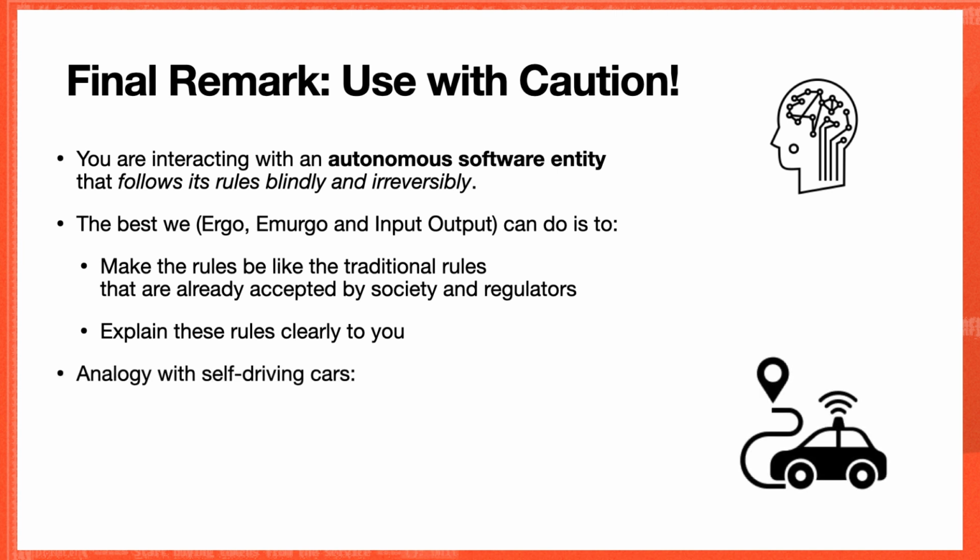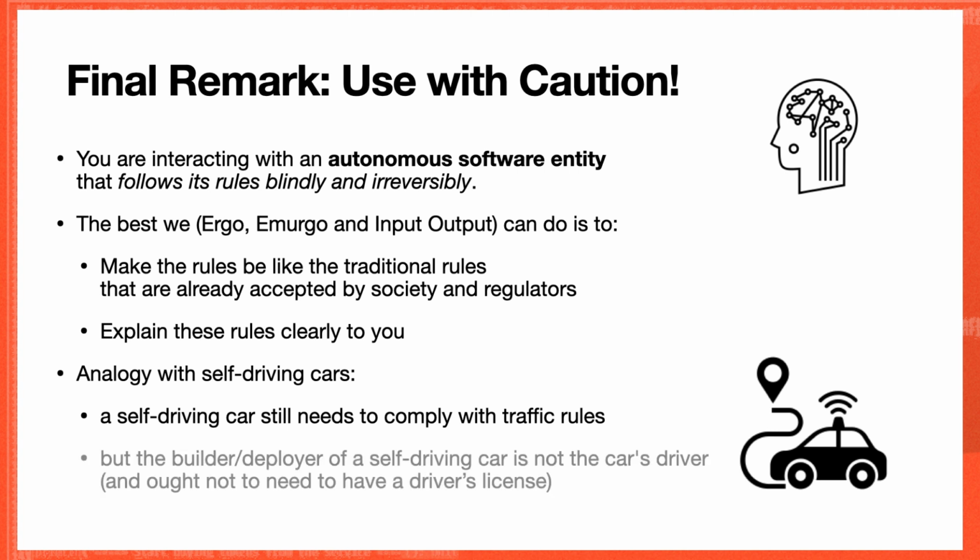So we can make an analogy with self-driving cars. A self-driving car still needs to comply with traffic rules, and in our case, we are making our stablecoin in a way that complies as much as possible and as much as we know with the rules. But the builder or deployer of a self-driving car is not the car's driver, right? And it would be strange to require a driver's license from the builder or deployer.